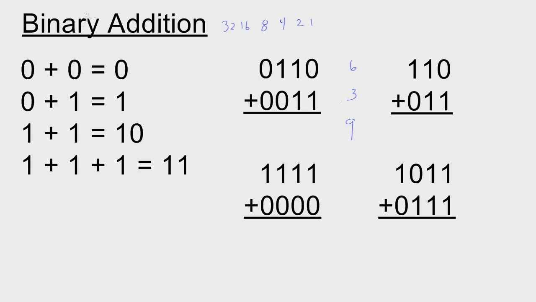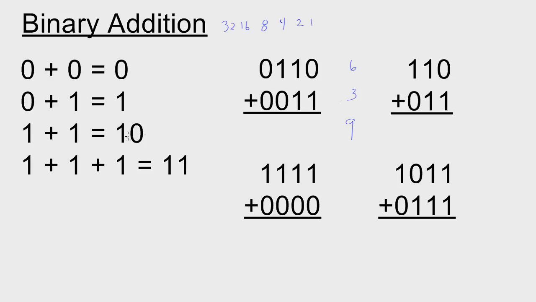With that in mind, these are the rules. These 4 rules here. If you can remember these, you'll pretty much be golden. So if you have a 0 and a 0, and we add just like we would in the base 10 system, from right to left, a 0 and a 0 is going to be 0. A 0 and a 1, you'll have a 1. A 1 and a 1 is going to be 1, 0.